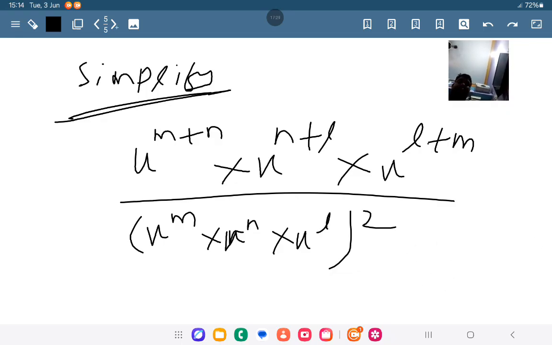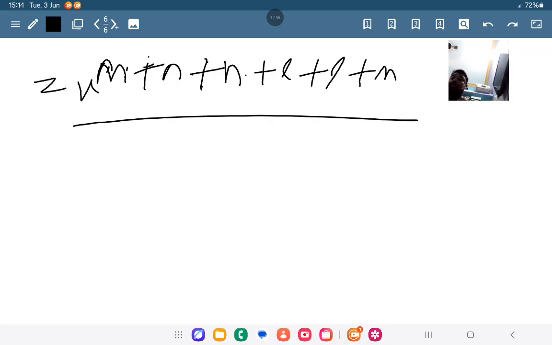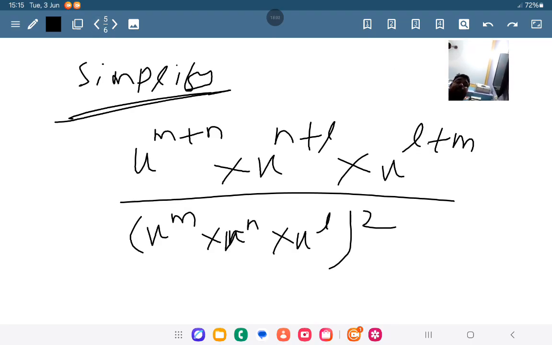So it will be x to the power m plus n plus n plus l plus l plus m, divided by. So this part will be x to the power 2m into x to the power 2n into x to the power 2l.